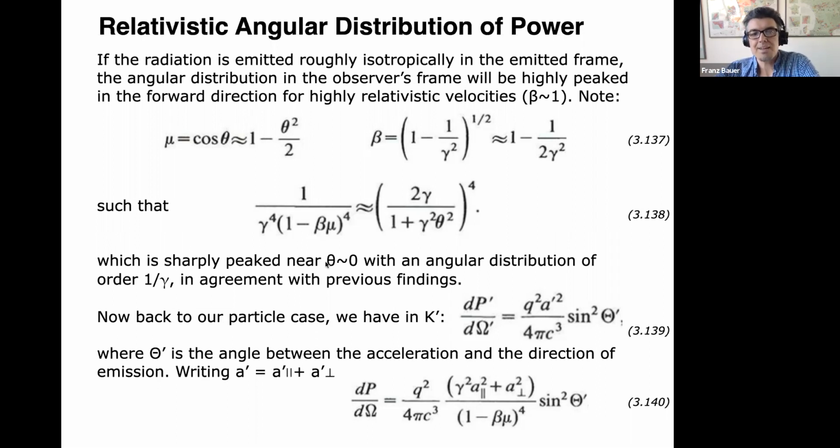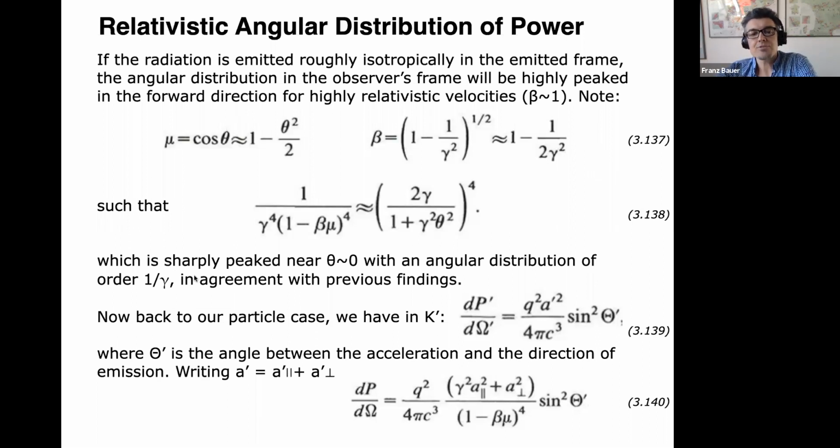And so this ends up being very sharply peaked around theta equals 0. When theta is something non-zero, this term goes as the 6th power, and so you strongly diminish any radiation that's outside of theta.